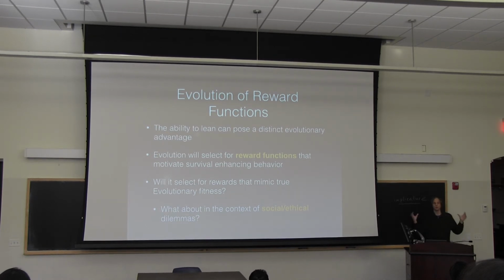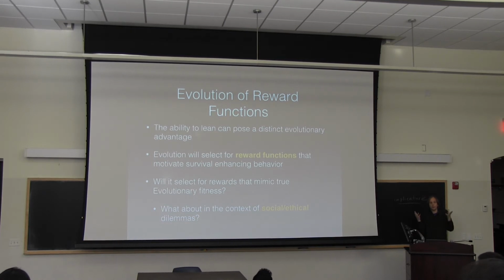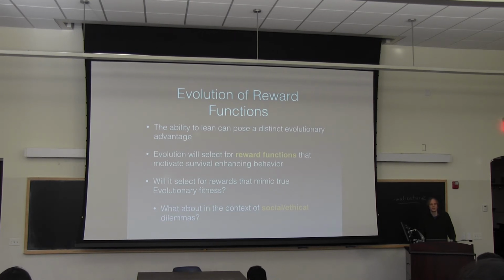So in this case, we're going to have multiple agents acting in the world. They're each doing their own learning and have their own reward function. In these kinds of scenarios, would evolution select the true objective fitness reward function, or is it going to select something else? Does anyone have thoughts about that? Anyone have predictions? No one wants to be bold and make a guess.